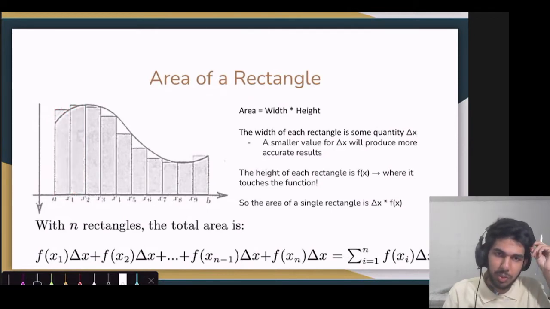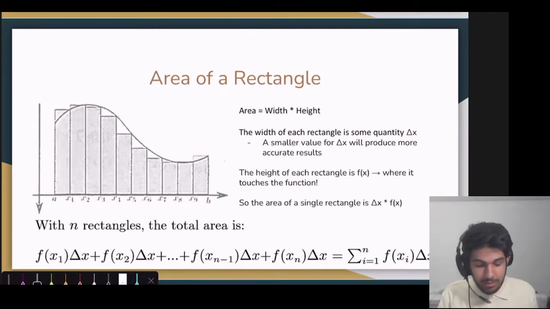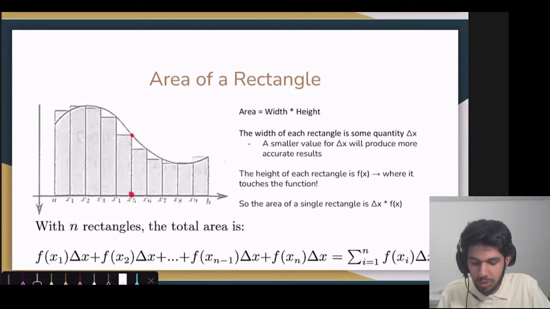We can see how that would be more accurate. The height of each rectangle is f of x. Because we make the rectangle, one of its corners, touch the function. So if one of the corners touch the function, then that's going to be its height, because the other corner is at 0. So the height will be equal to f of x.